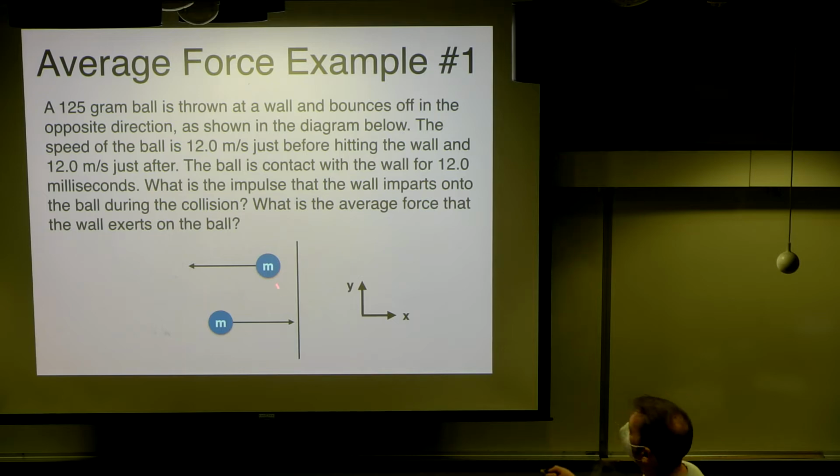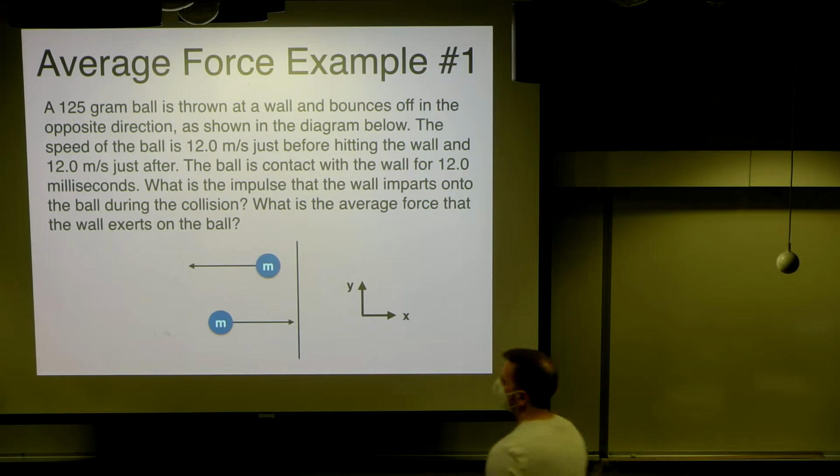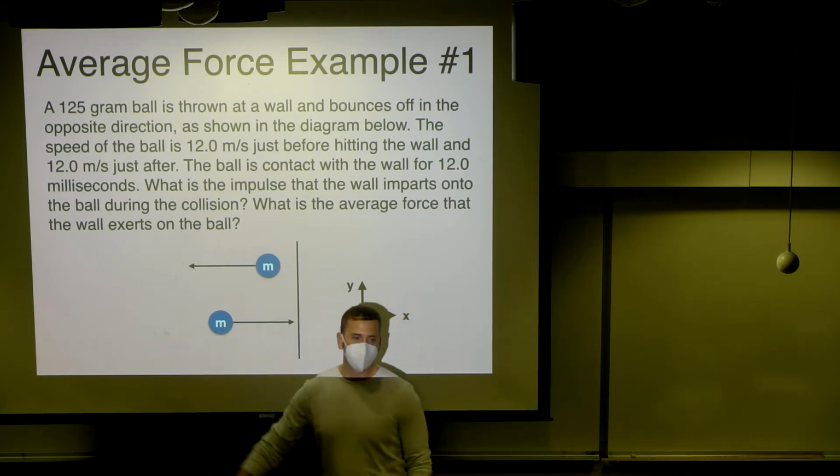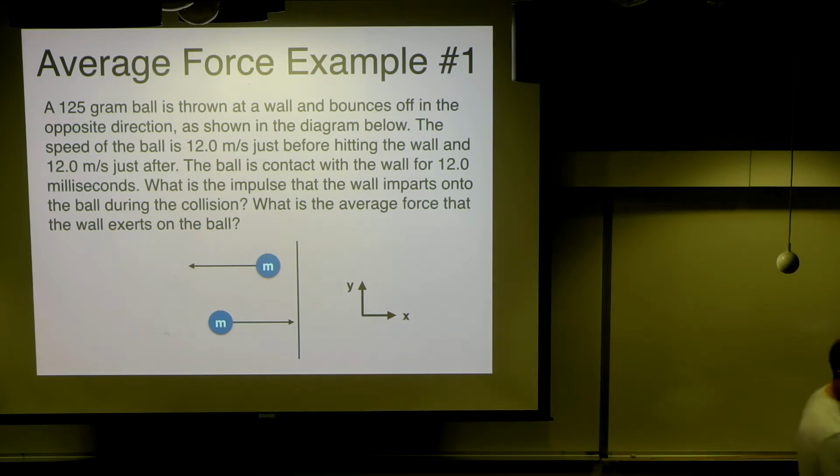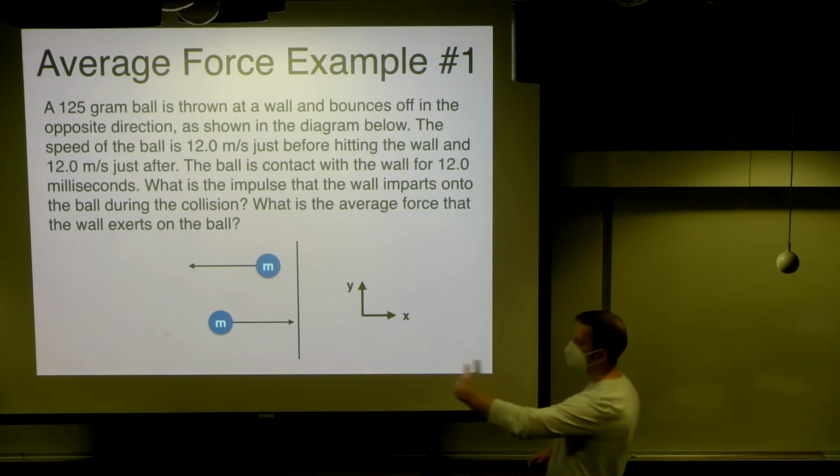Let's say that the ball is in contact with this wall for 12 milliseconds. So, of course, during a bounce, the actual period of contact with the wall is pretty short-lived, so 12 milliseconds. So two things to calculate. The impulse, that's the change in momentum that the ball undergoes, and then the average force. So how much force was involved in this sort of collision or bounce?